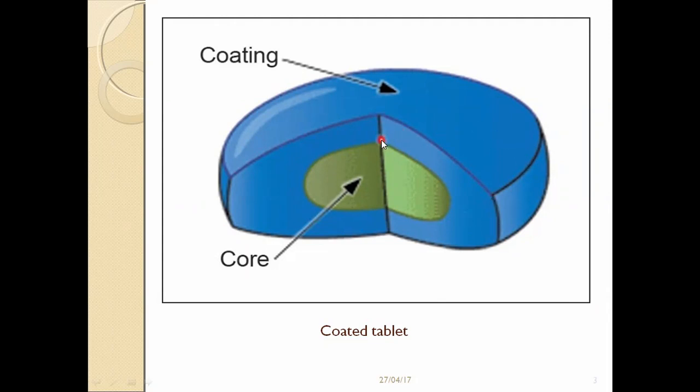So you can see the cross-sectional area shown over here. We have a core, and to the exterior of this core, we have applied a coating which is shown with blue color, and our core is shown with green color. So this is how the interior of a coated tablet looks. I think from this, you may get a clear picture of how a coating is applied to a core.